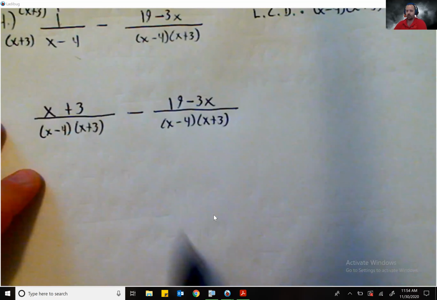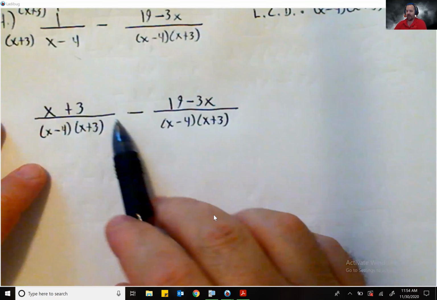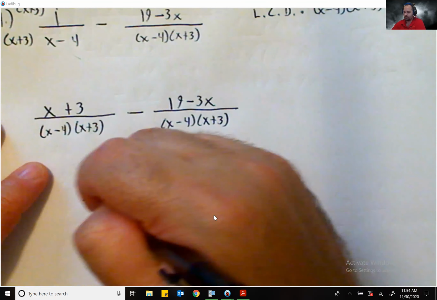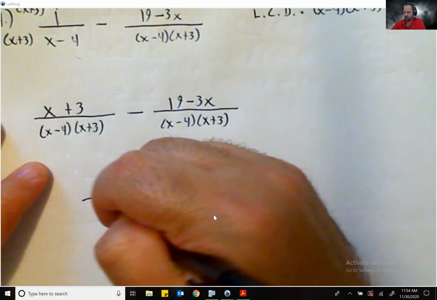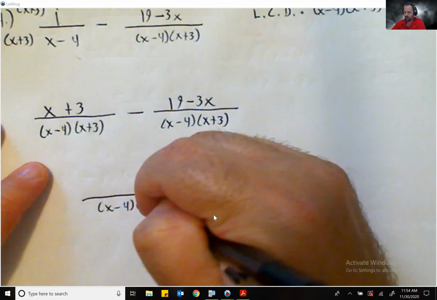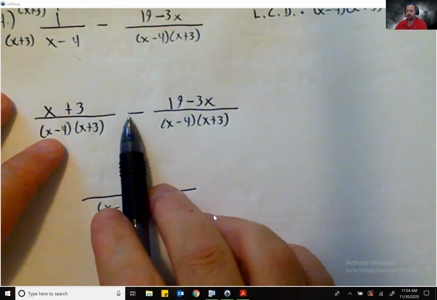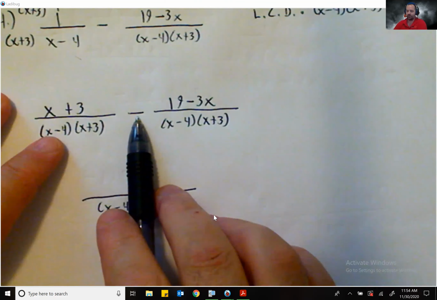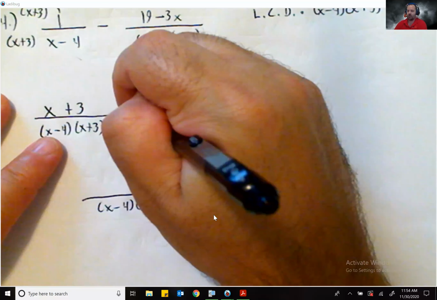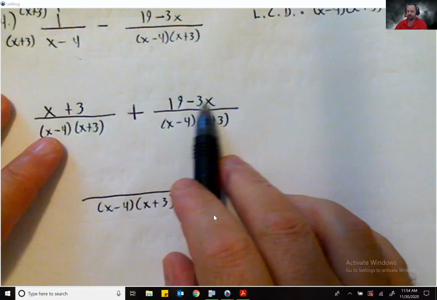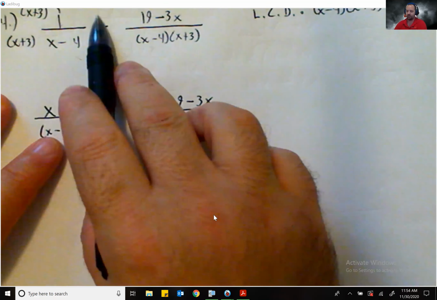And so now we can do the adding and subtracting. What I usually do when there's subtraction is I turn this into a plus, and then I change all the signs. So be careful on subtraction.